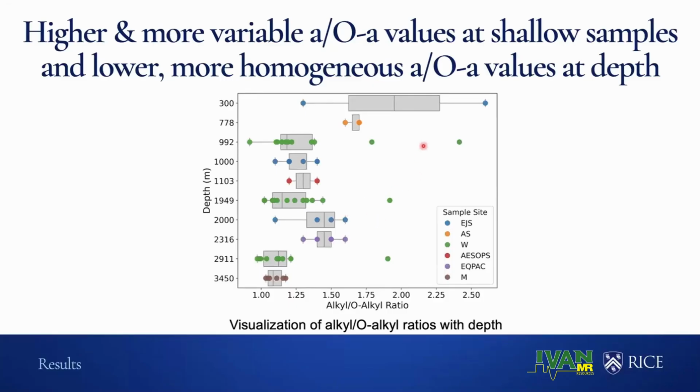Instead, we see an opposite trend. It looks like we see higher and more variable LQ-OLQ ratios at shallow depths and lower and more homogeneous LQ-OLQ values at depth. And the large values at the surface are, again, ecologically driven by the lipid pump.